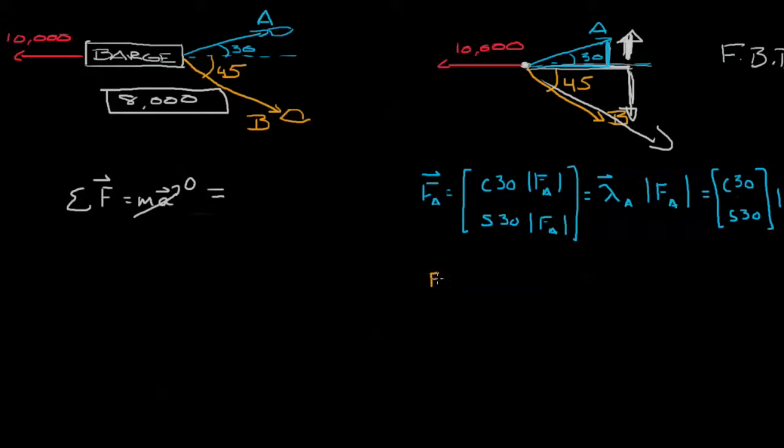Well, let's take a look. Force B, we follow the same protocol. Horizontally, or in the X direction, in the I if you look at it that way, is going to be cosine of 45. Now this is important.